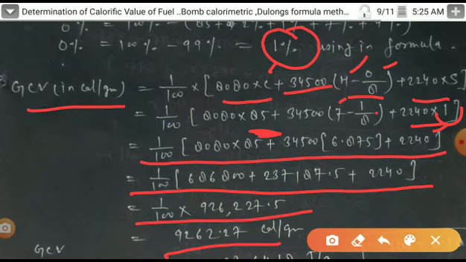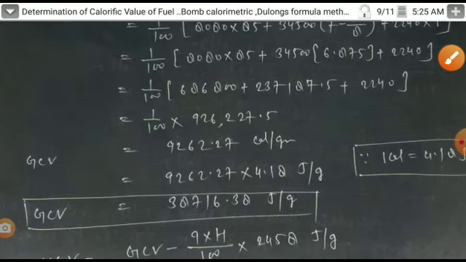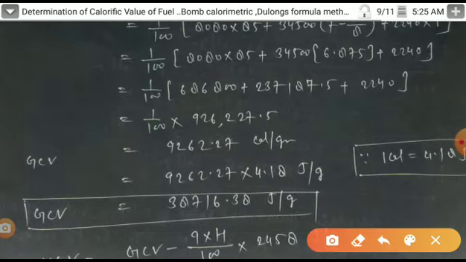The answer comes out to 9262.27 calorie per gram. When you solve for the value of GCV, it comes in calorie per gram. You have to convert calorie per gram into joule per gram by the conversion factor 4.18, that is 1 calorie is equal to 4.18 joule.